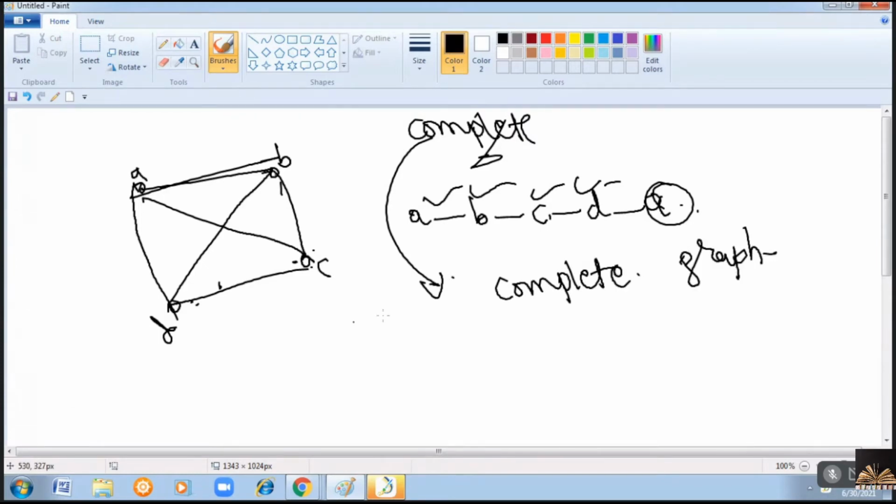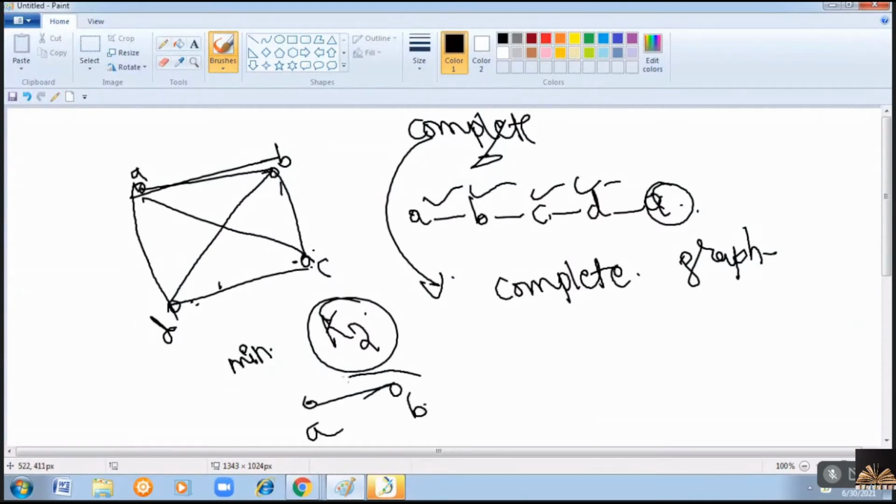And remember, what is the minimum complete graph? The complete graph with the minimum number of vertices is K2, right? So you can have a complete graph with a minimum of 2 vertices, which is like this. But you cannot treat this as a Hamilton graph. Why? Because with two vertices you cannot come back to the starting vertex, so it is not a circuit.